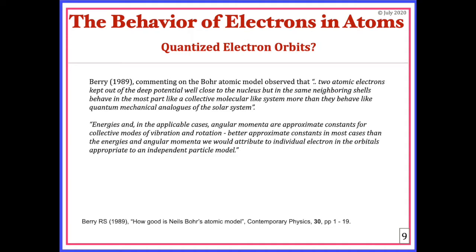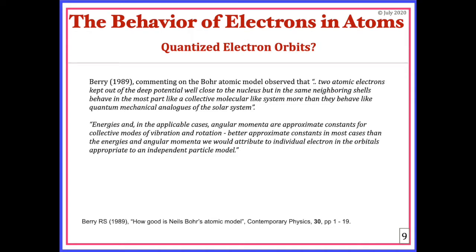In 1989, when commenting on the Bohr model, Berry observed that two atomic electrons kept in the deep potential well close to the nucleus, but in the same or neighboring shells, behave for the most part like a collective molecular-like system more than they behave like quantum mechanical analogues of the solar system.